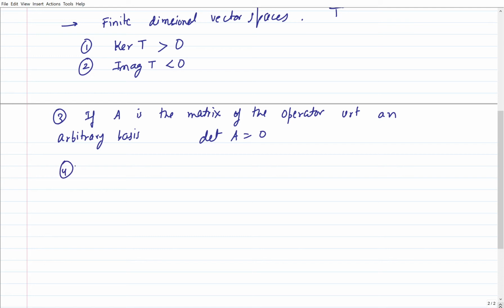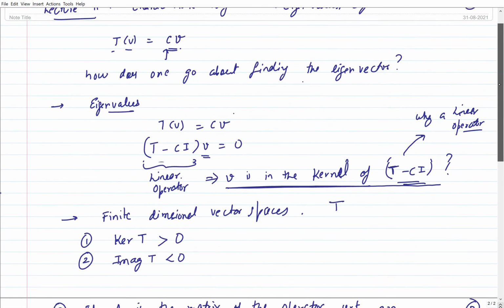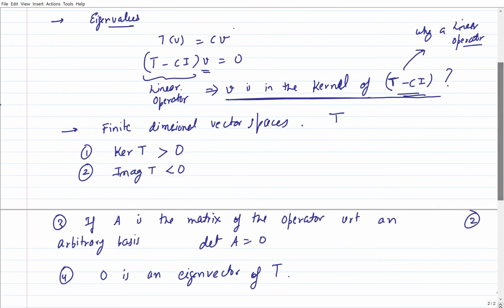And the fourth equivalent condition is that 0 is an eigenvalue of T, the linear transformation. So you can see that these conditions are indeed equivalent.